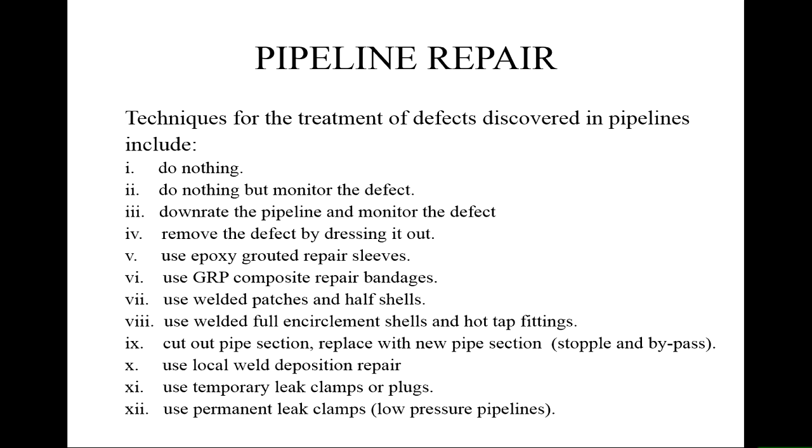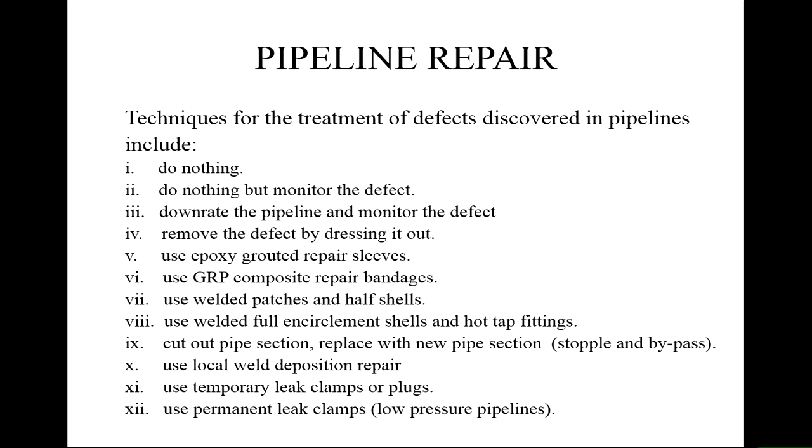Can the pipeline operate with the current damage under the current conditions? So again, a fitness-for-purpose assessment must be carried out, and if indeed there is no need to do any major intervention, then we decide that there is nothing to do.